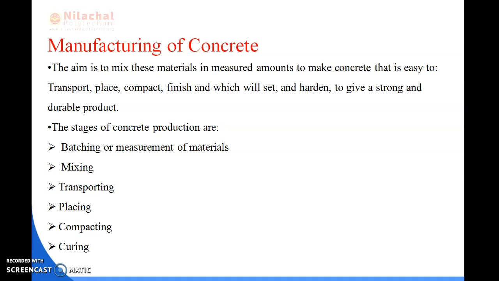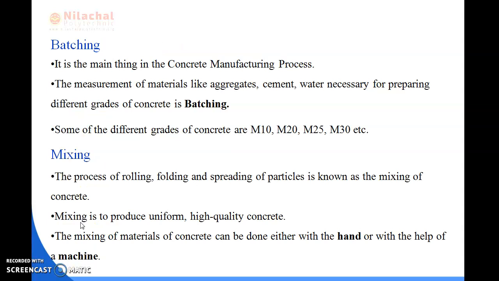Next, the stages of concrete production are: first is batching or measurement of materials, mixing, transporting, placing, compacting and curing. These are all the methods we'll be discussing. I have already discussed the batching method.